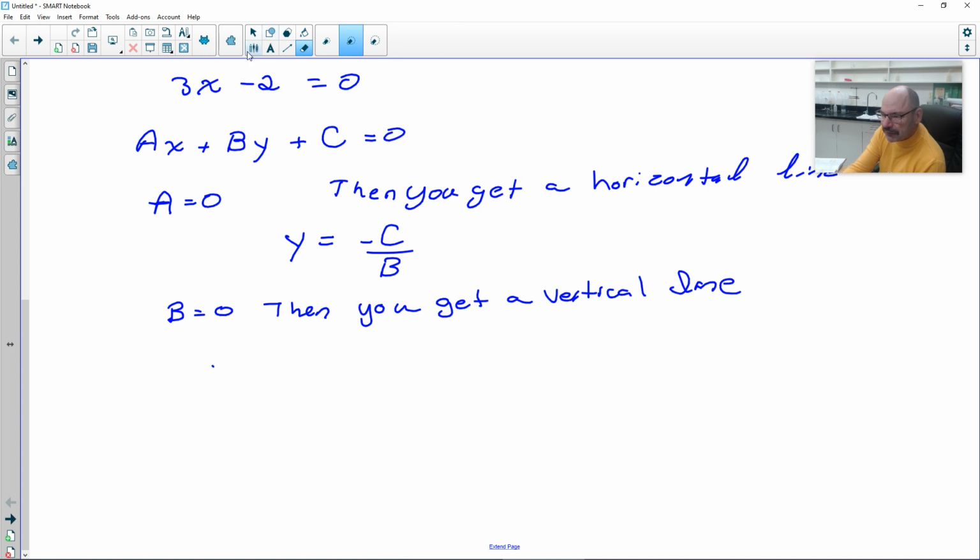B equals 0, so you get x, because this would be 0, x equals, and then when you're doing the division, c goes back over there, and then you divide by a, because there's no b. That's a couple of line constants.